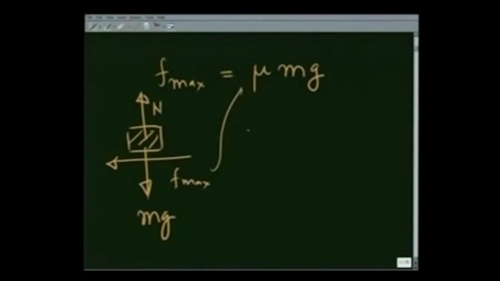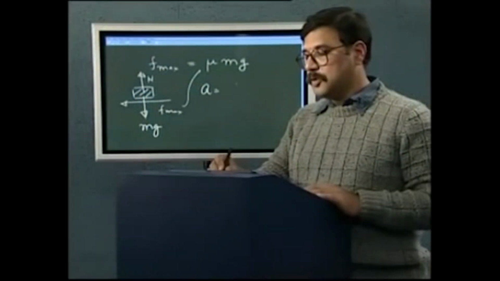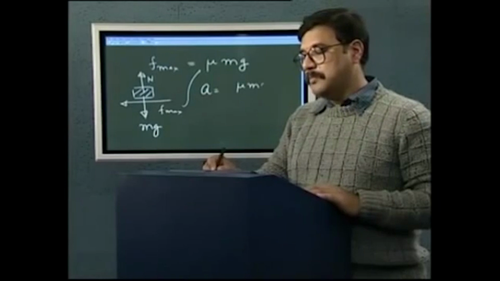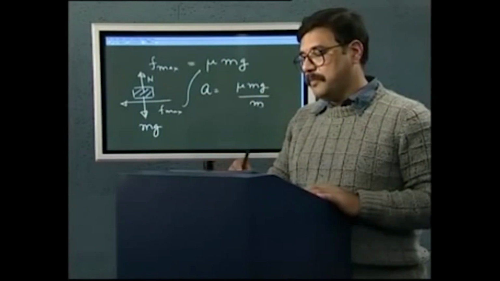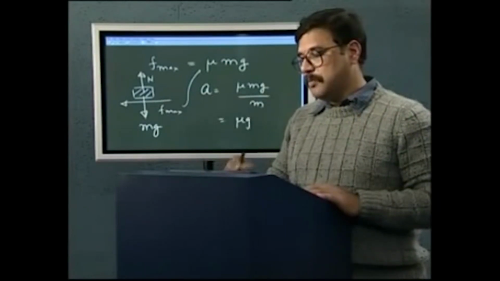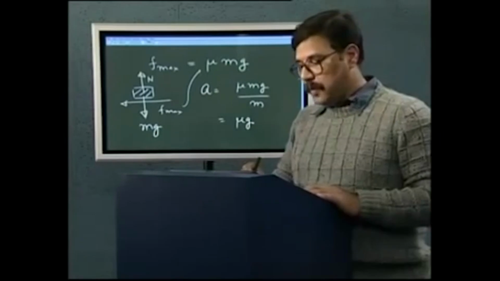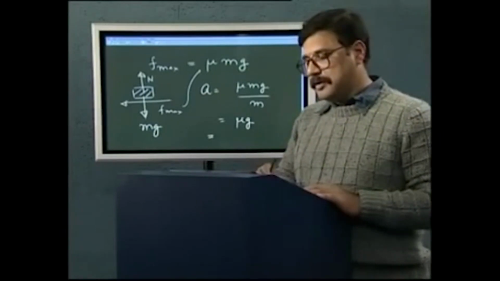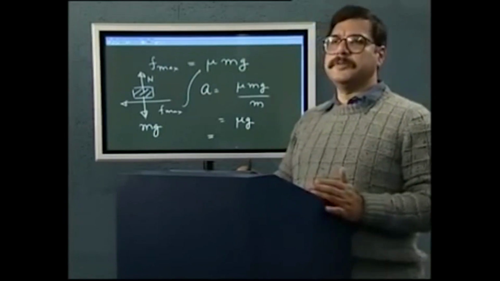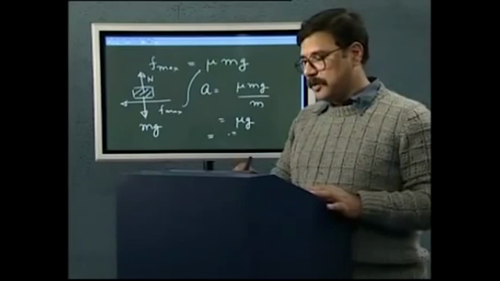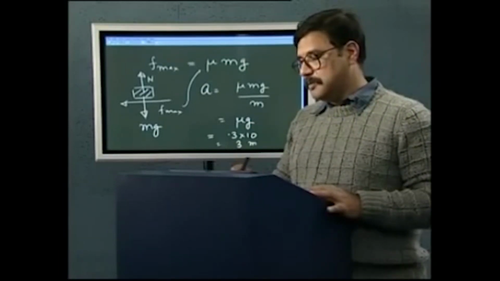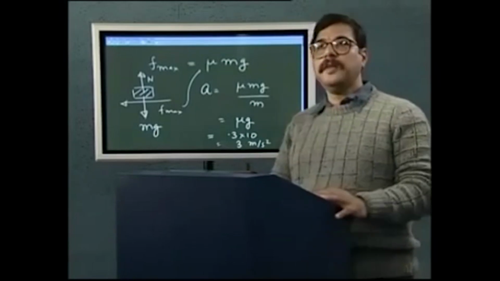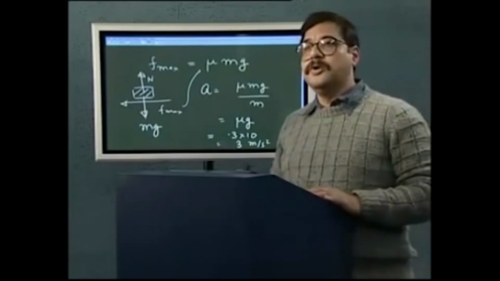So maximum deceleration A is going to be mu mg divided by m, which is equal to mu g, which in our case, if I take g to be approximately 10 meters per second square, is 0.3 times 10, which is 3 meters per second square, and that is the maximum deceleration that is allowed for the truck also.